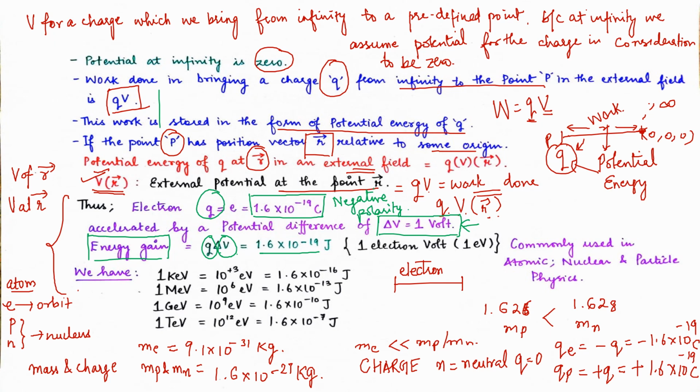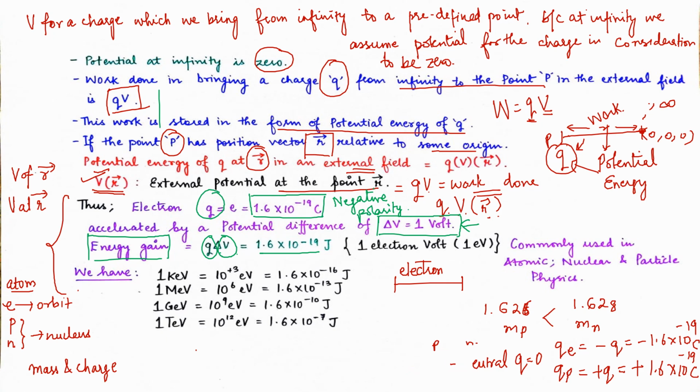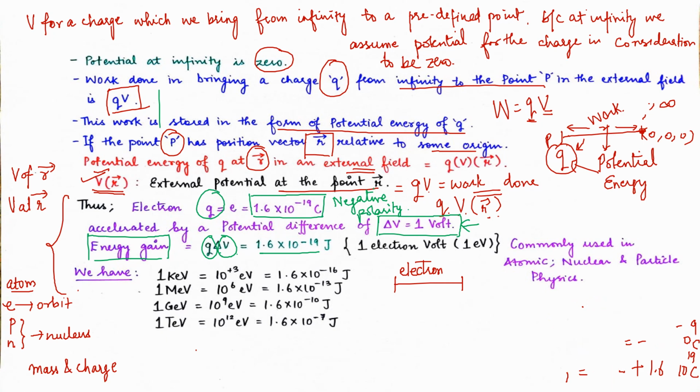I will write it here. The steps are not clearly mentioned; these are written in a single step. I will explain these steps so that you understand how we are getting this answer.